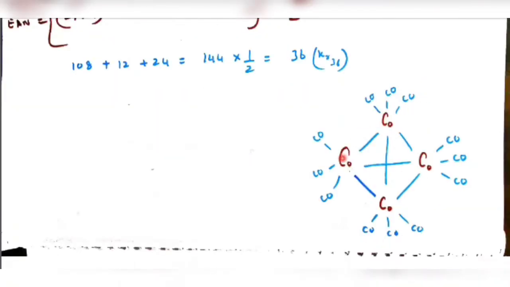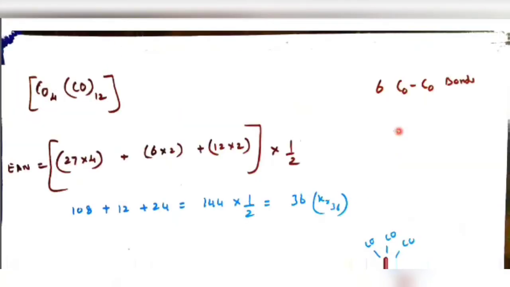Here CO, C triple bond O 3 times, here 3 times, here 3 times, here 3 times. And it is a cross link. So here 1, 2, 3, 4, 5 and 6. So though it has Co4, it has 6 Co-Co bonds.